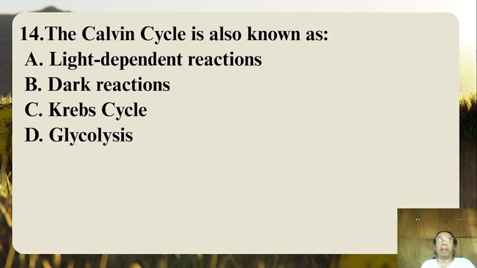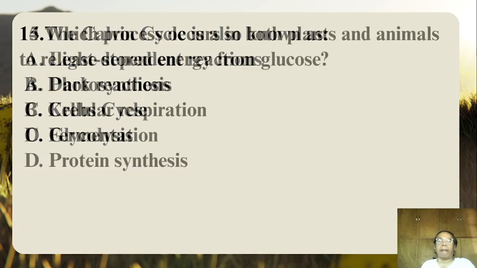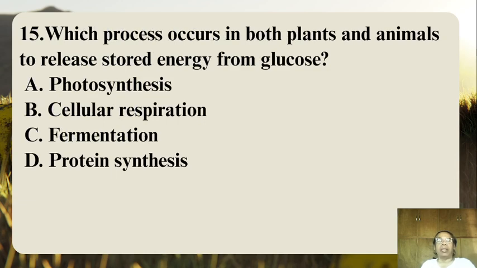MCQ number 14. The Calvin cycle is also known as A. Light-dependent reactions, B. Dark reactions, C. Krebs cycle, D. Glycolysis. MCQ number 15.